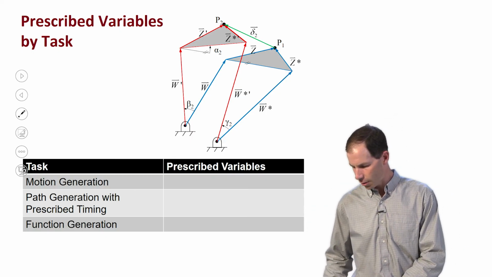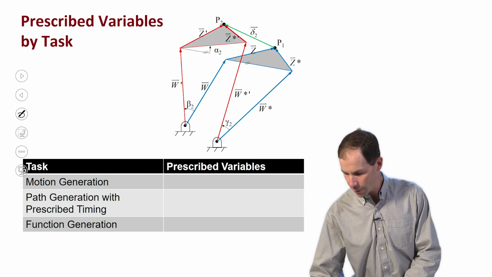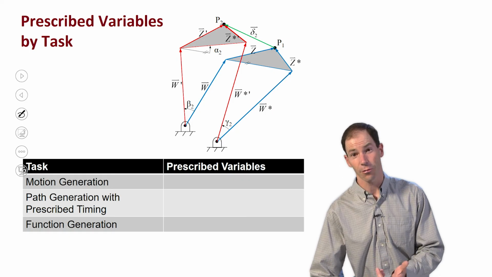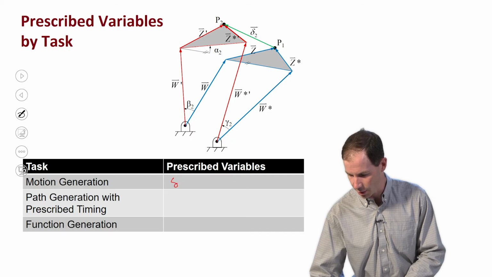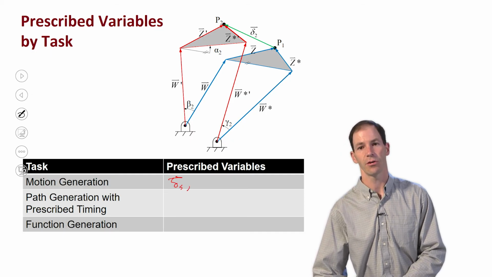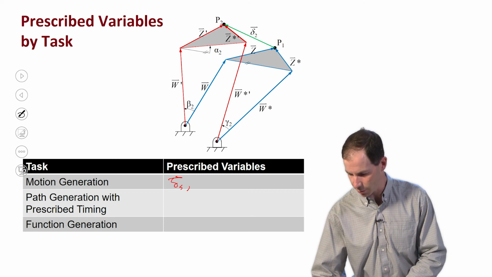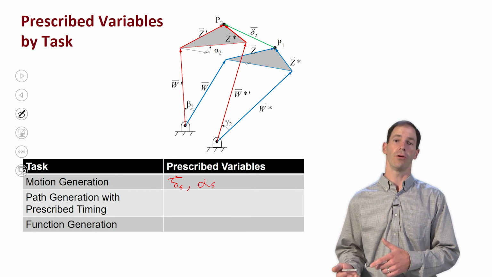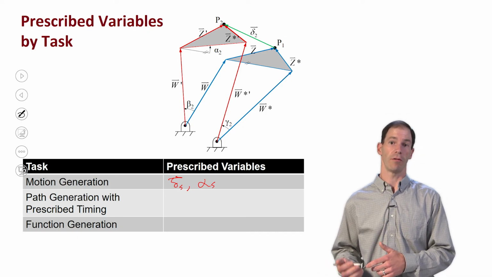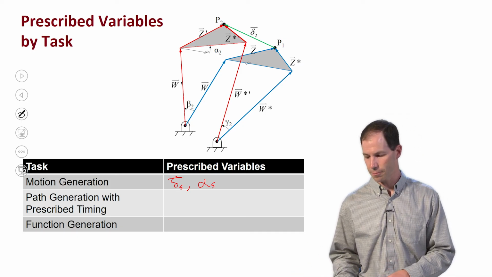So in that case, my prescribed variables: what's the first position, what's the second position. I described that with the displacement vector, so I would have the deltas. And then I would also have how much the coupler rotates, and these would be the alpha angles. And this could be alpha 2 and alpha 3 if I had 3 positions, or maybe even alpha 4 if I went to 4 positions.